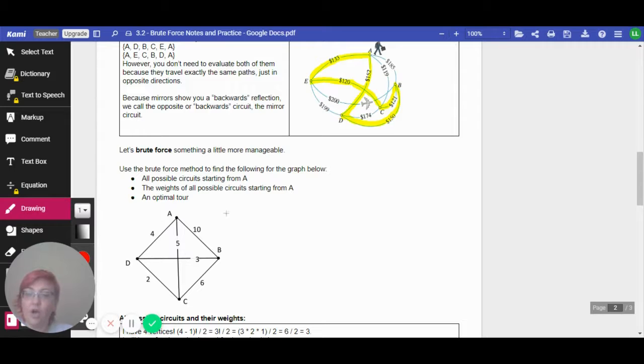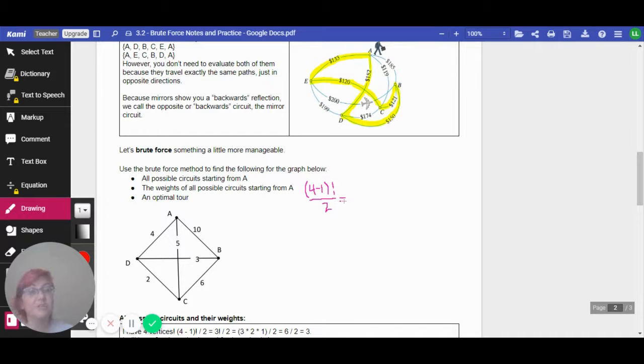Here, we want to find all possible circuits starting from A. We want to find the weights of all possible circuits starting from A, and we want to find an optimal tour. Okay, well, we know that this is a K4 complete graph. So I know that I'm going to do 4 minus 1 factorial divided by 2 unique circuits.